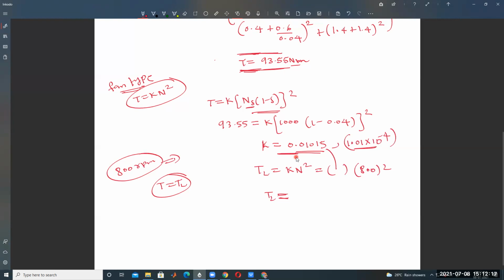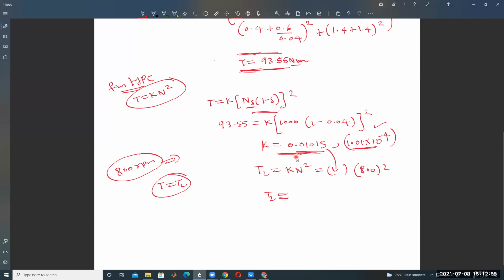So verify 93.55 divided by... I'm checking this, the result is correct or not. 0.01015. Okay, so this is the correct. So this is also the right, I think. 1.015 into 10 to the power of minus 4. Substitute here and find this answer into 800 squared.